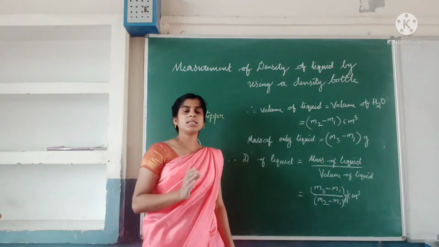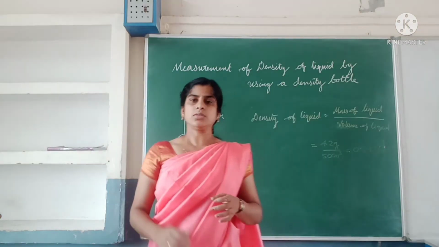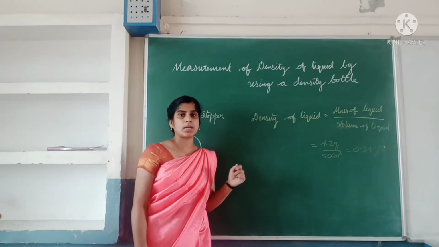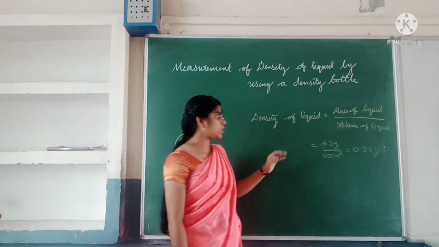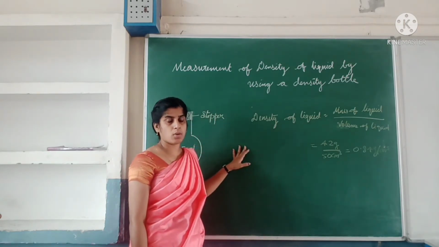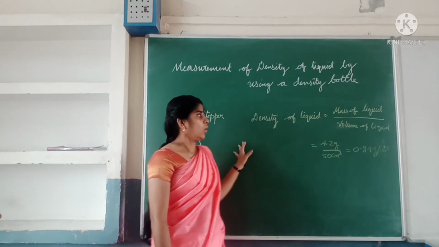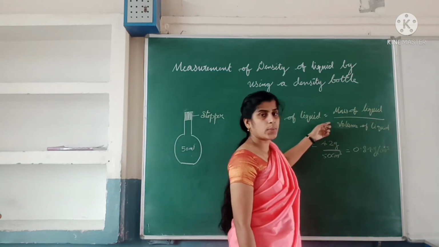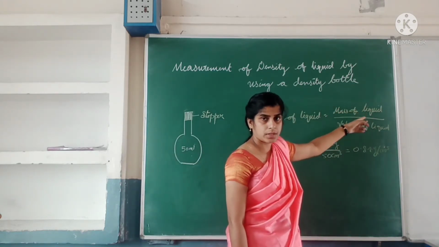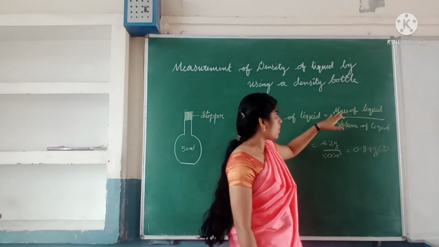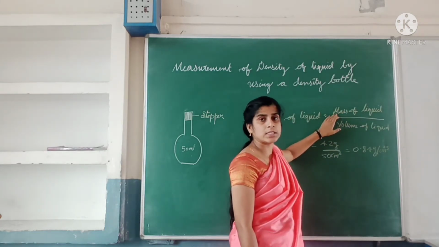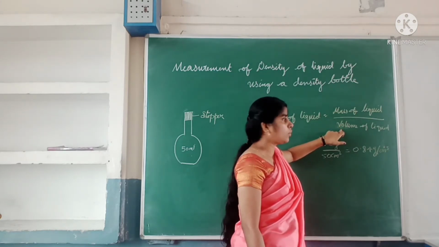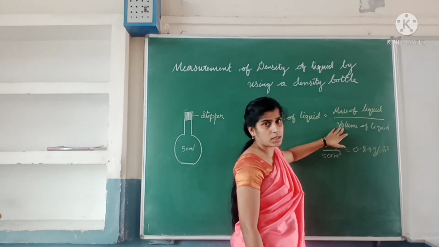Clear? Suppose the mass of liquid is 42 gram and the volume of liquid is 50 centimeter cube. So how can we calculate the density of liquid? Density of liquid is mass of liquid upon volume of liquid. So the mass of liquid given here is 42 gram, and the volume of liquid is 50 centimeter cube.